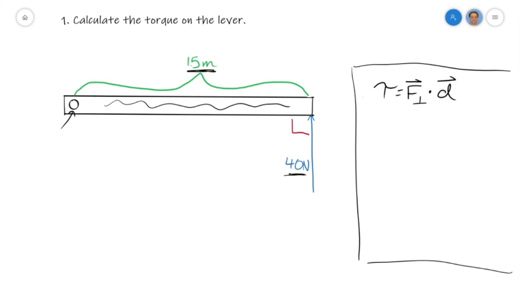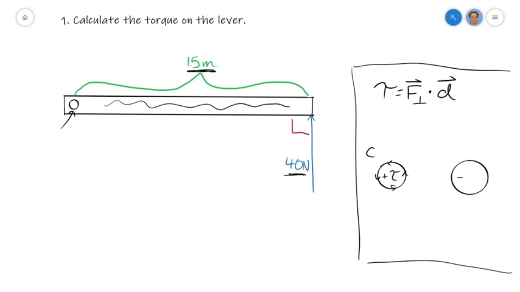The thing that we're going to have to do by the time we finish calculating these problems is determine the direction of the torque vector, and it's either going to be positive or negative, and that just communicates which way it is turning. So if it's going counterclockwise, then it's going to be positive torque.